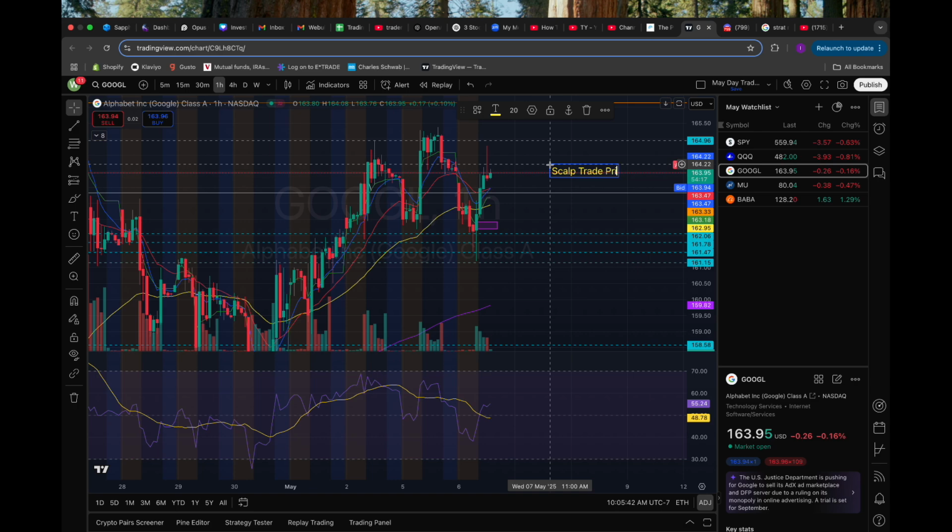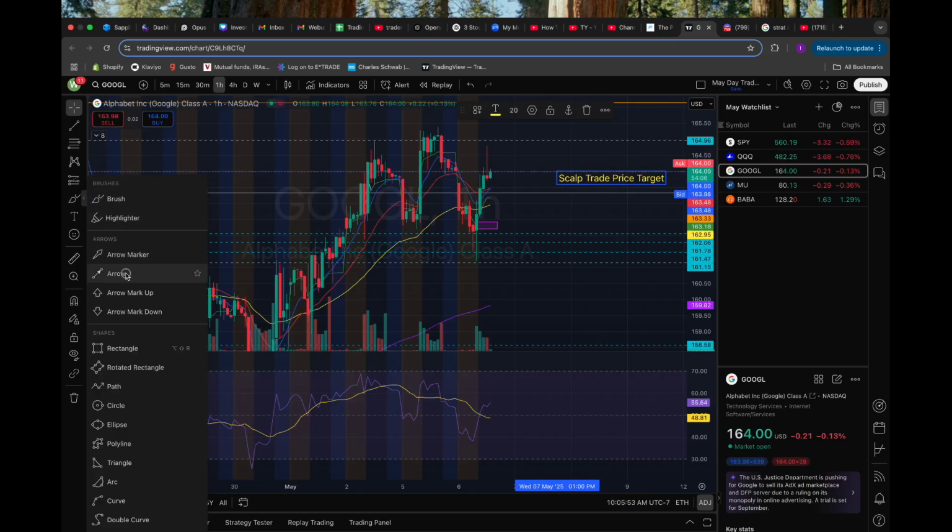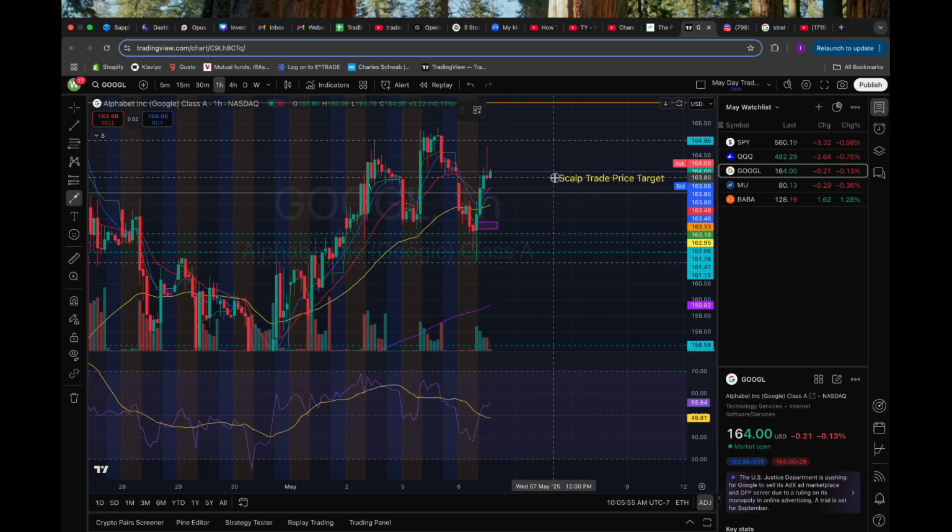I'm going to say price target, and you could also look at this as take profit, right? So on a scalp trade, my price target would be somewhere around here. Okay, these EMAs right here, because it's going to come and test this level right here, right?